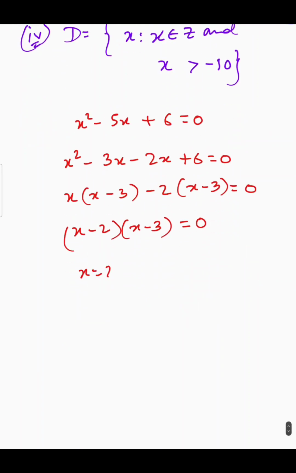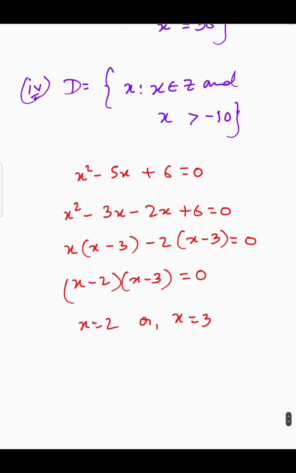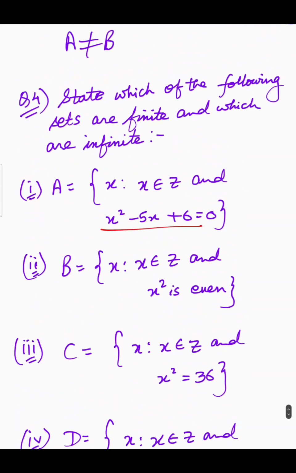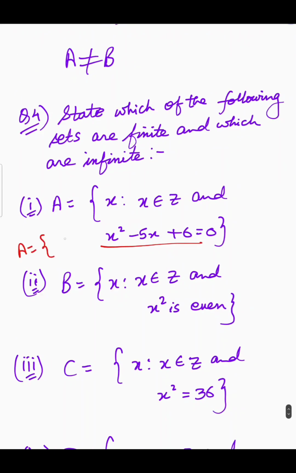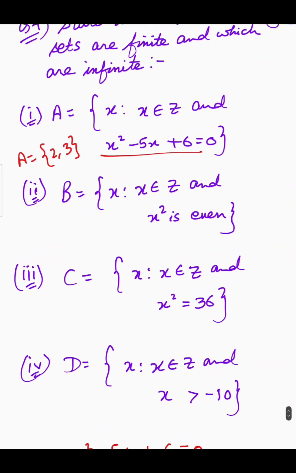So x is equal to 2 or x is equal to 3. Now this is the answer for set A. So set A is equal to {2, 3}.